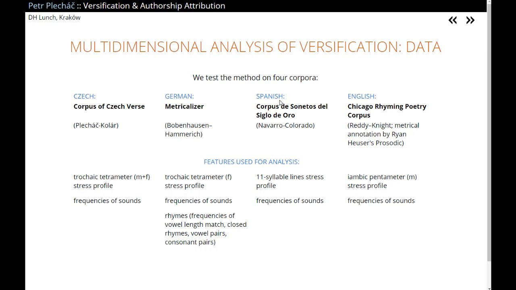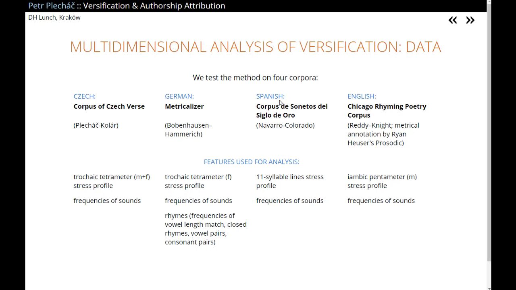And the second one was a sort of approximation of what we may call euphony, or how this author is dealing with the frequencies of sounds. And this was done simply as a profile of sounds found in a phonetic transcription of these texts. We did the very much same in German corpus. Just to say, German and Czech versification are pretty similar.